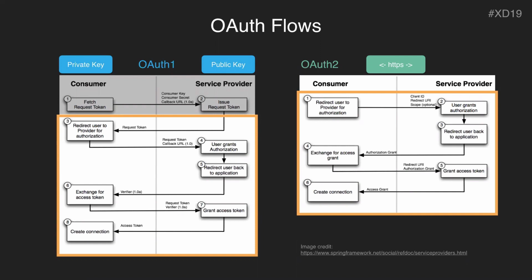Under OAuth 2, you have a simplified version of that, in that the HTTPS managers are part of it, and the redirection occurs. The verifier and all of that is magically handled.